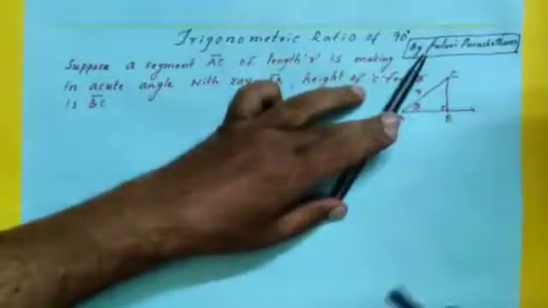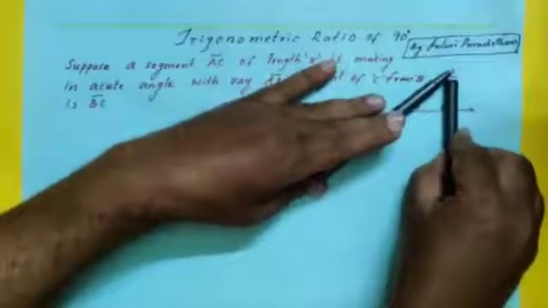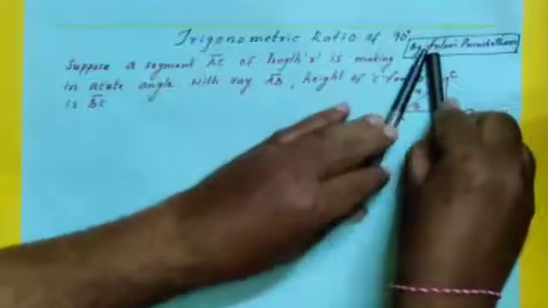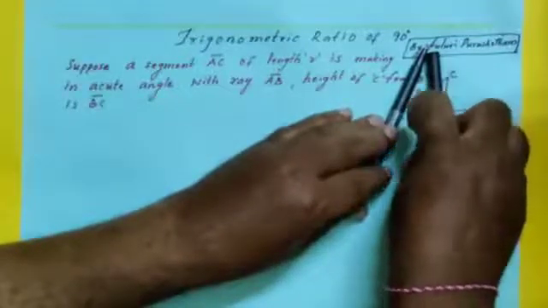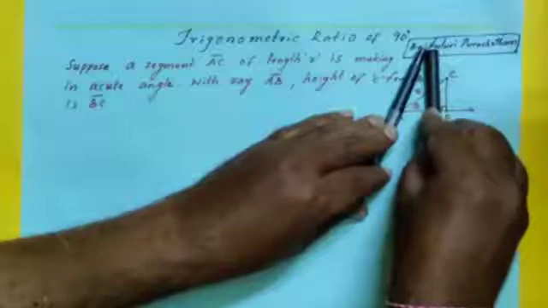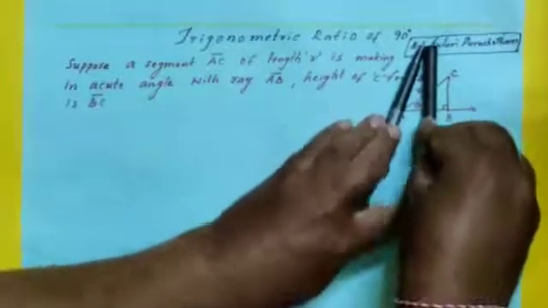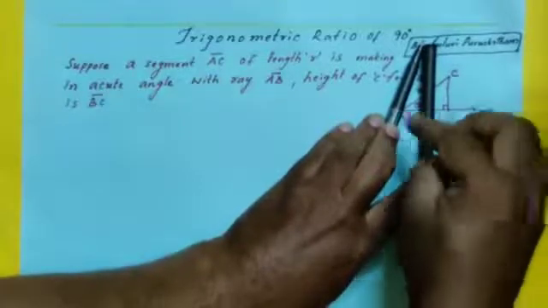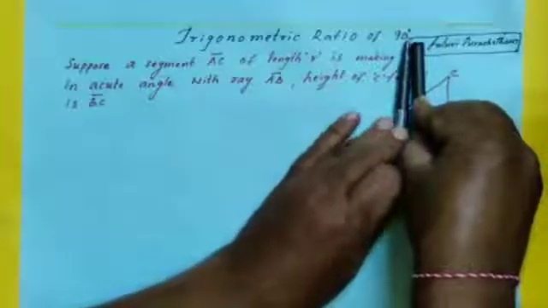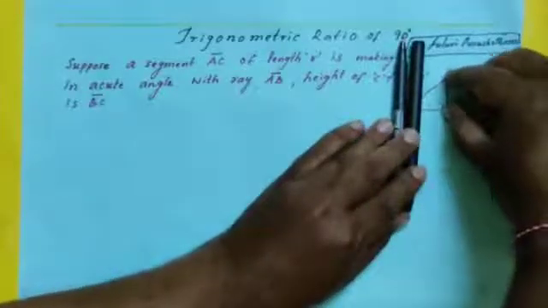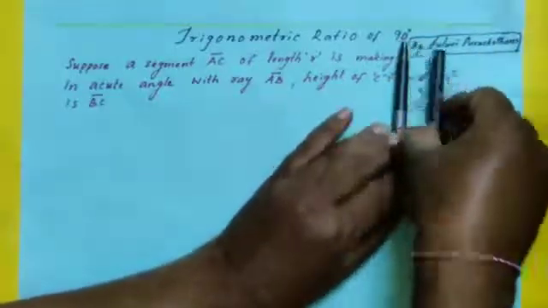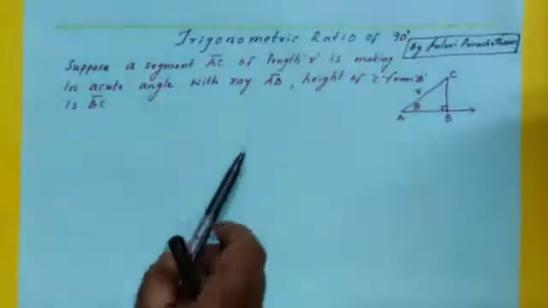See, this angle increases, automatically this BC length also increases, and this B moves nearer to A. It is shifted nearer to A. When it is gradually up to 90 degrees, the BC line and AC line both coincide, and the distance AB becomes 0. Is it clear or not?